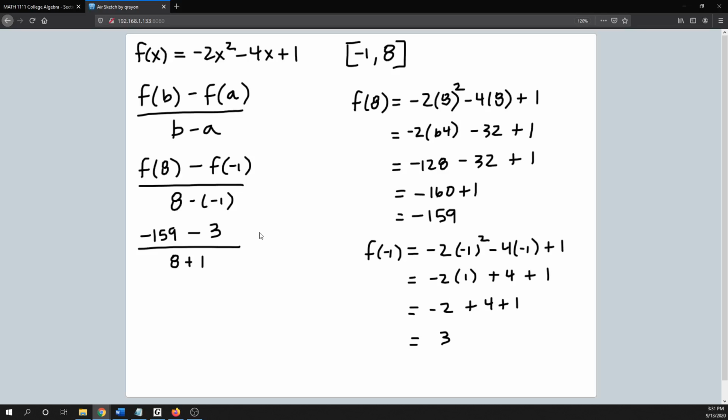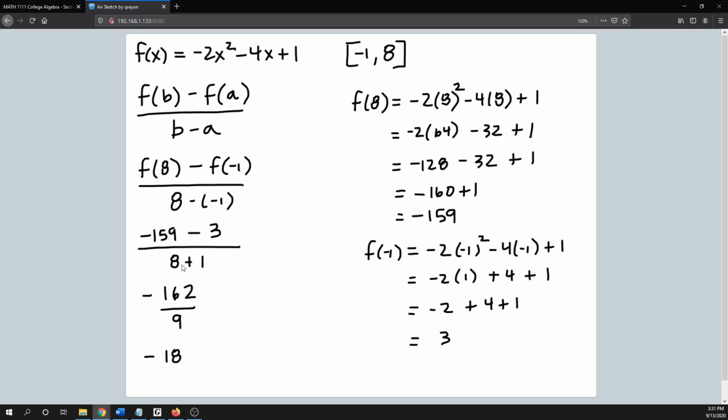So we get negative 162 over 9 on the bottom. And that is going to be negative 18, if you do that out. So the average rate of change is negative 18.